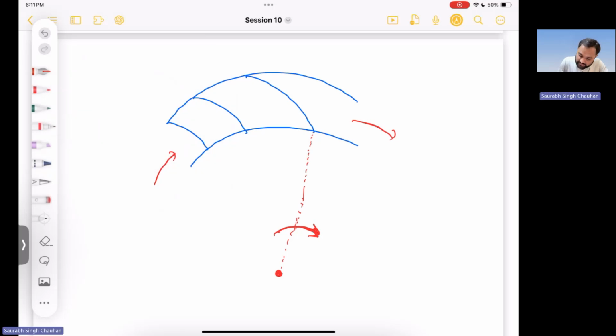Let us say this is our inlet and this is outlet. One is inlet and two is outlet. So at inlet, what will happen?